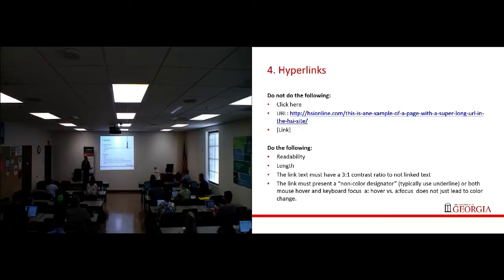And you need to put information on the hover of the link telling them that this is a link and where they're going. So a hover or a focus needs to be put in there for the link so that if they mouse over it, it tells them what it is. Or if they click tab, it tells what it is.